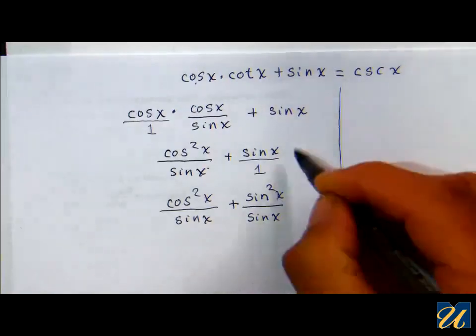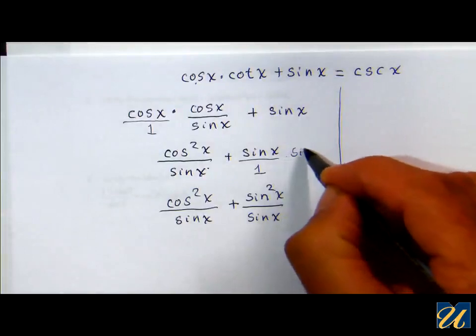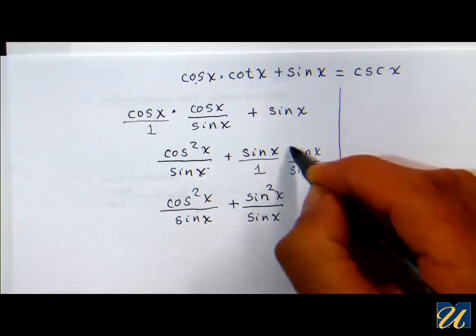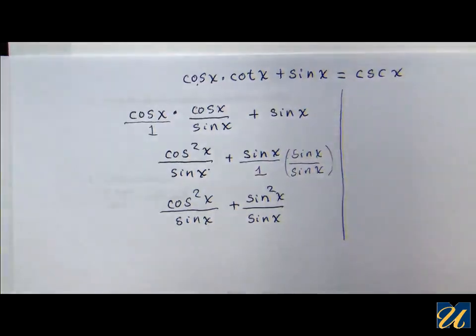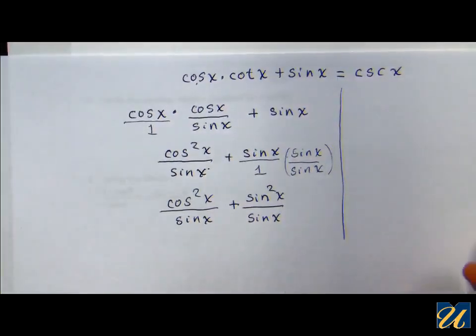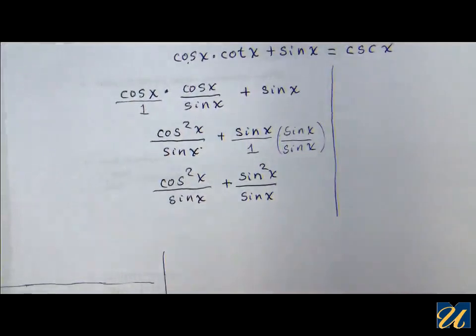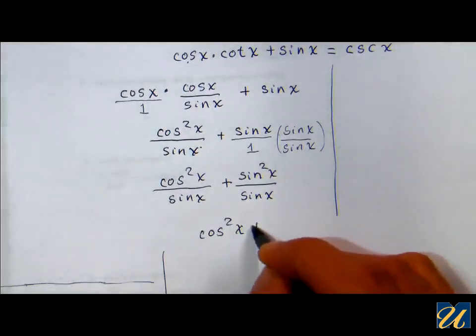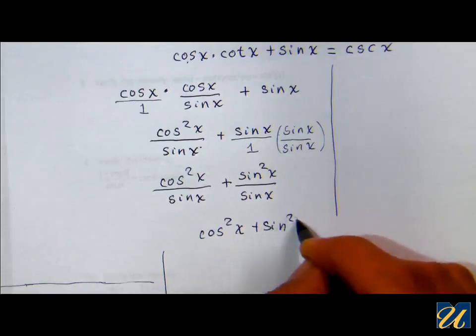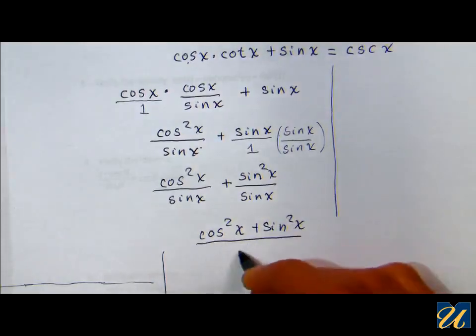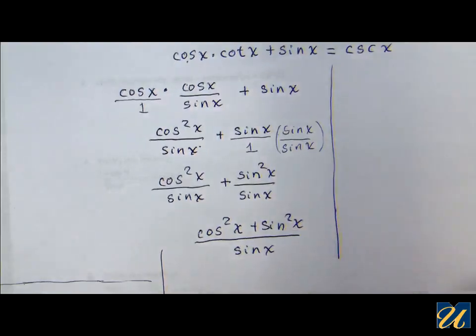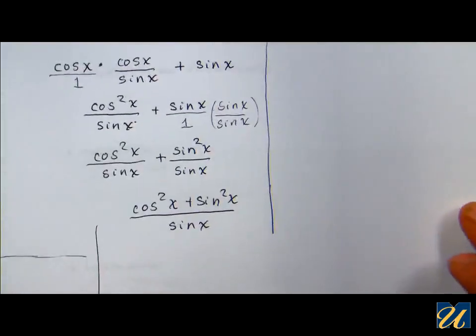That way we have a common denominator down here. That means we can write that as a single fraction: cosine square x plus sine square x divided by your common denominator of sine x. Okay, that gets us that far.